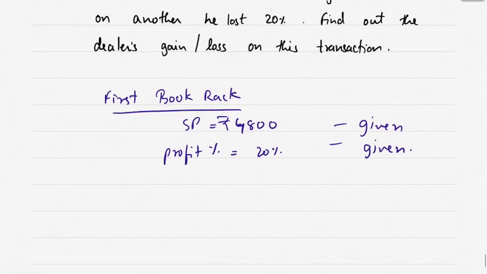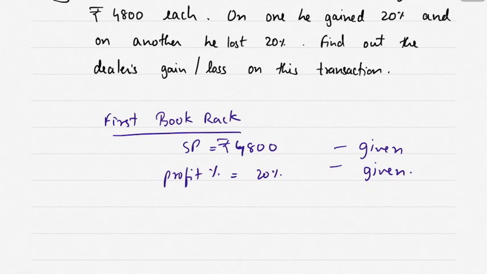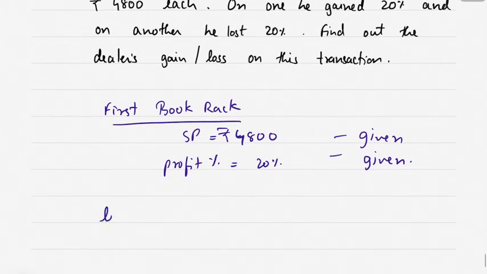You need to find out cost price or you need to find out profit. Let's find out the dealer's gain on his transaction. Okay, fine. Find both. You have to find out profit also and cost price also. Okay. So let cost price be X. Let cost price be 100.